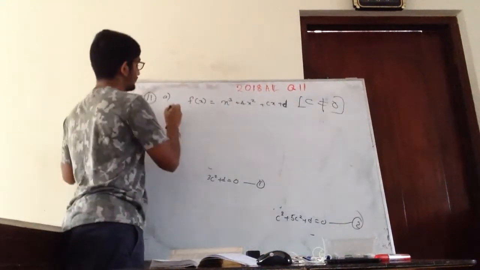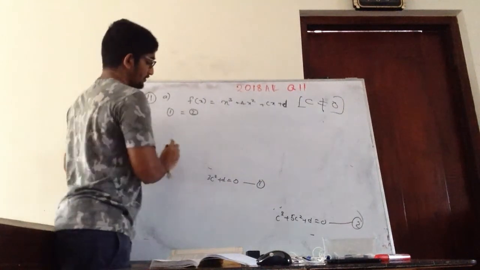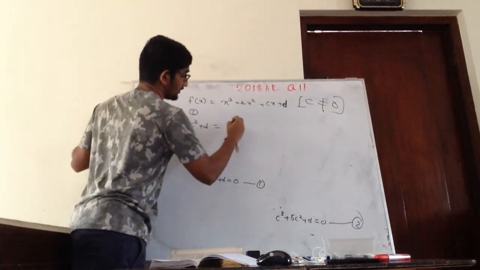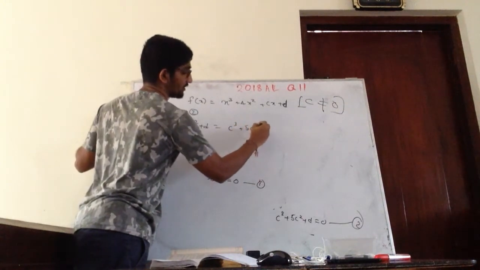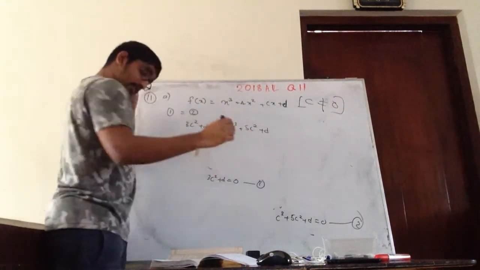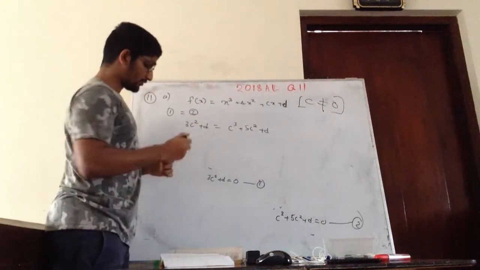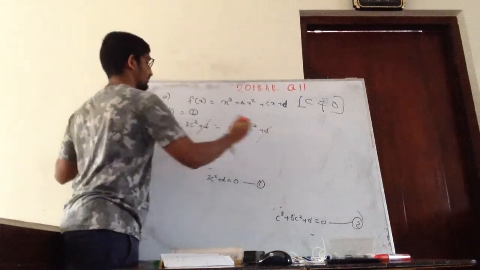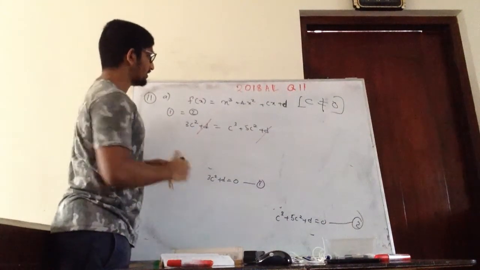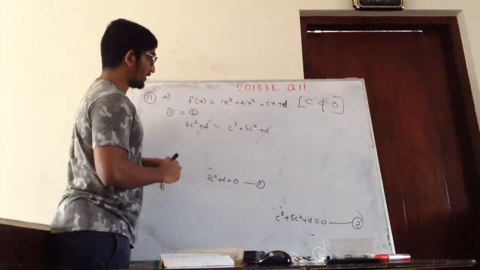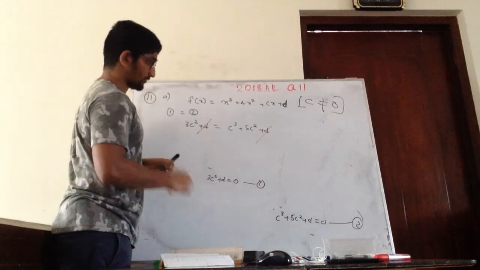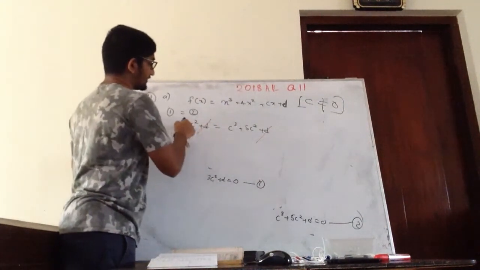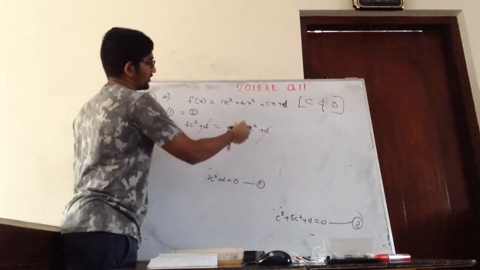So 1 equals 2, I'll get 3c squared plus d equals c cube plus 5c square plus d. Then I'm going to cut this off. So then I get 3c squared equals c cube plus 5c square.